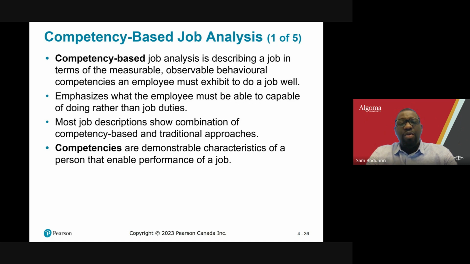All right, but competency-based job analysis will describe the job in terms of measurable, observable, behavioral competencies, and other areas that we needed to improve. So the difference between competency-based job analysis and normal job analysis is that one was collected through research and findings, and the other one was created through gut feelings and intuition.